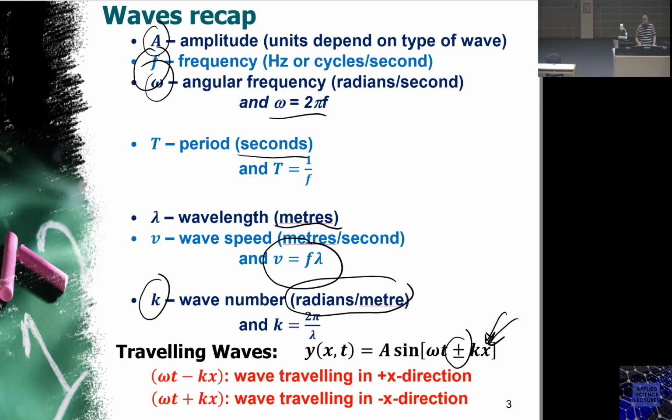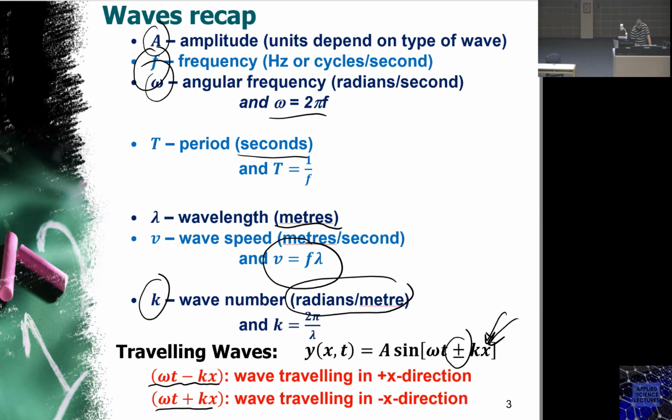So when I say omega t minus kx, this means I have a wave that is traveling in the positive direction along the x-axis. When I say omega t plus kx, this means I have a traveling wave that is propagating in the negative direction along the x-axis.